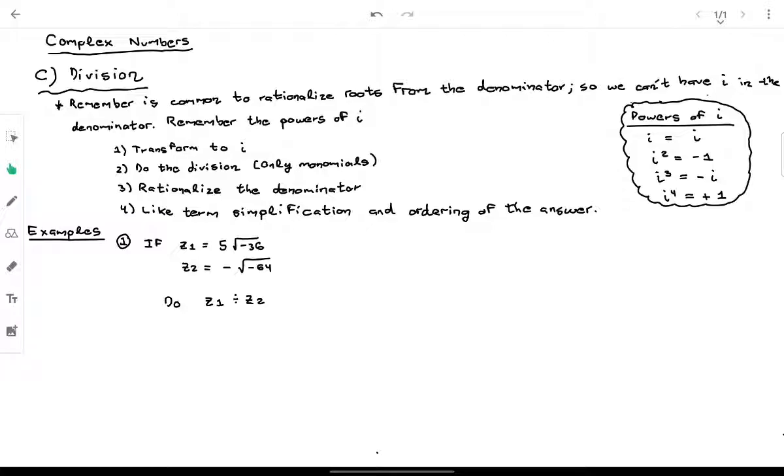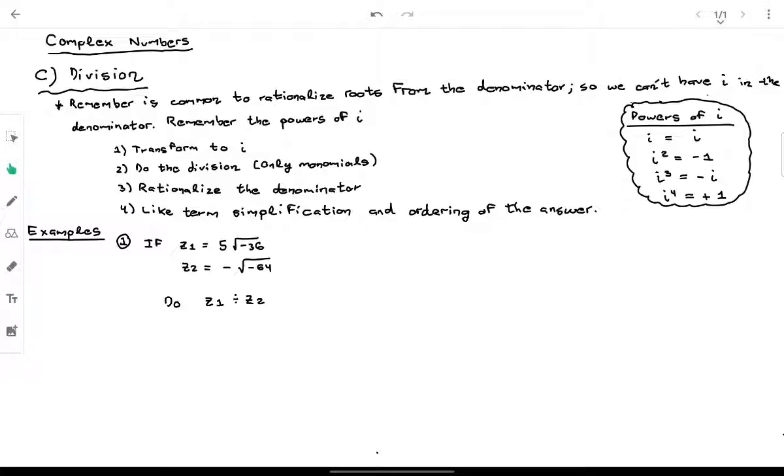So how's the process for doing a division with complex numbers? First of all, we need to transform our letters C to have powers of i. Then, if it's possible, we need to do the division. This will only be possible with monomials, because if we have polynomials, it won't be possible. But if we are able to do the division, we need to make it.